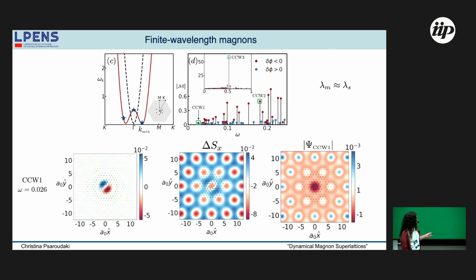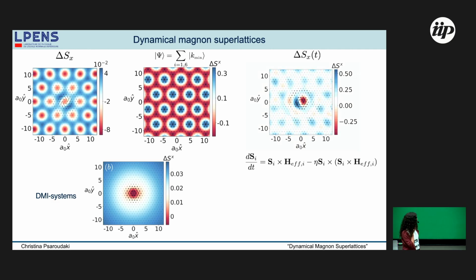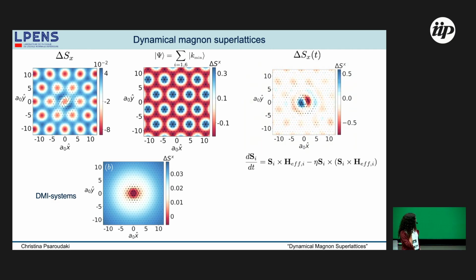They have the same energy and live in the Brillouin zone. I make an equal superposition, and this is what we're going to get. So very similar patterns emerge from just taking a superposition of those extended states. However, that is in a ferromagnet. If we didn't have a skyrmion, but if we have a skyrmion, those extended states are superimposed by the skyrmion gyrotropic mode.